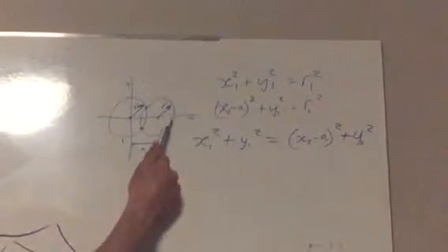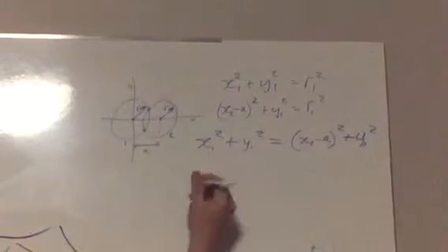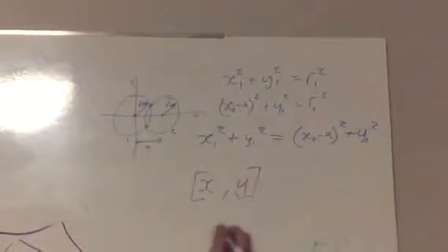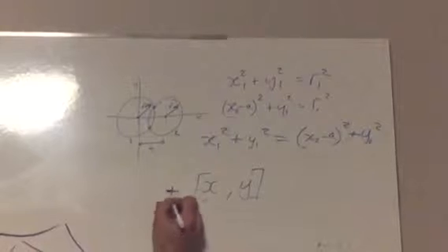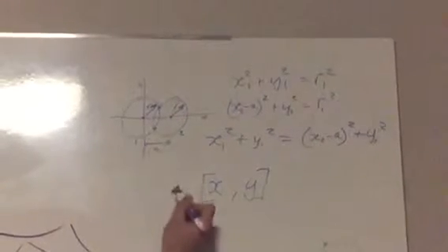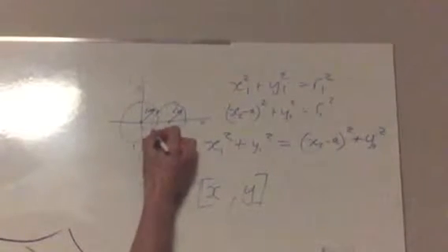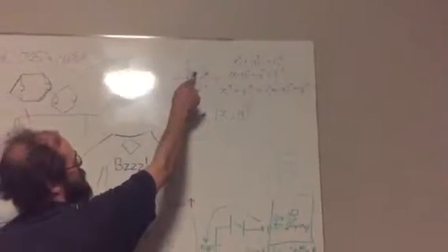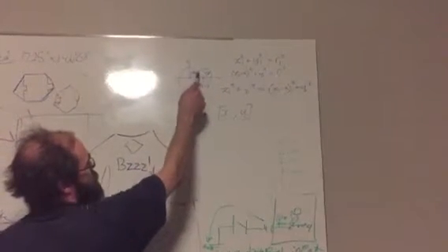Where they intersect, you're now looking for coordinates of the form x, y. So that's your coordinate, I suppose. Obviously the y coordinate of circle 1 is equal to the y coordinate of circle 2.